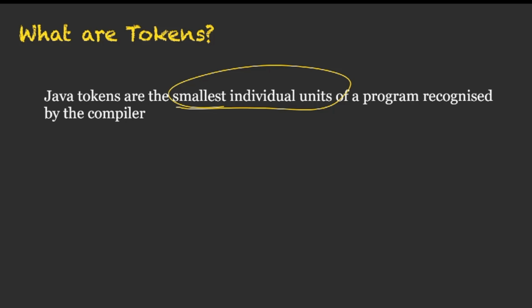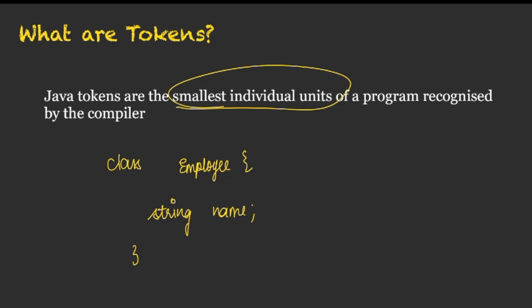Now, what that means is if you have a Java program, for example, class, and then say employee, and you have inside string name, right? Very similar to an example that we did in the previous video.